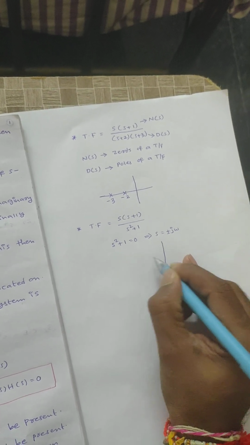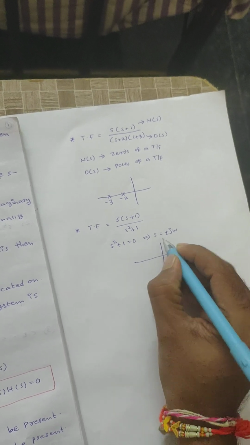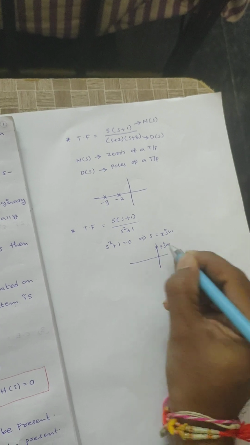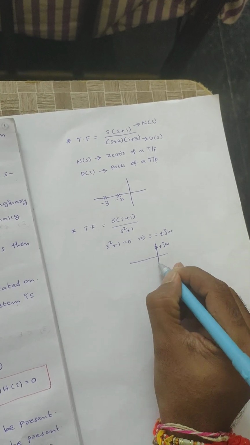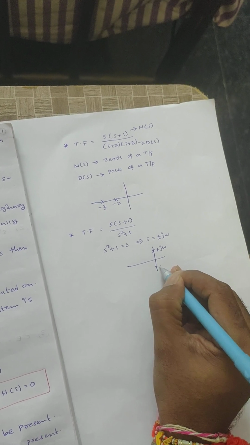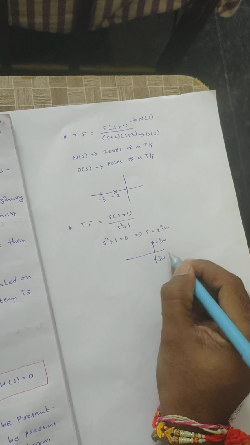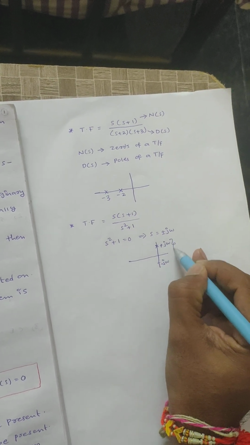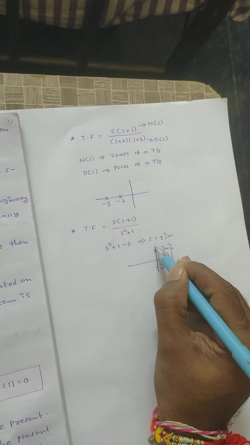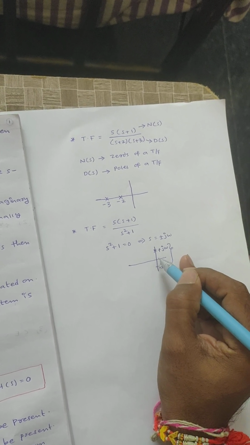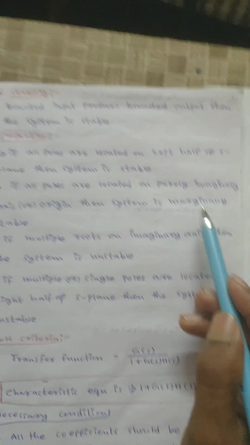If I draw the pole-zero plot, here it is plus j omega and minus j omega. That means when poles are located on the imaginary axis, then the system is marginally stable.